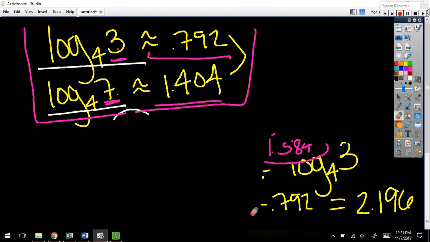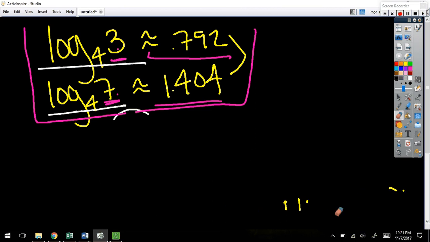And let's do log base 4 of 7/3. So we're not going to do 3 and 4, 7. Are we going to keep the 3 and the 7? No, because we don't know what that equals. We're going to use these that are given to us to estimate what this is.